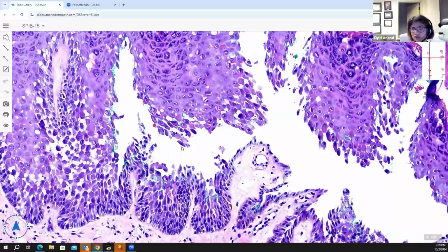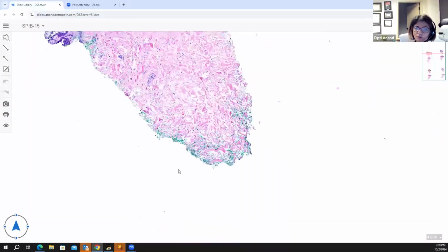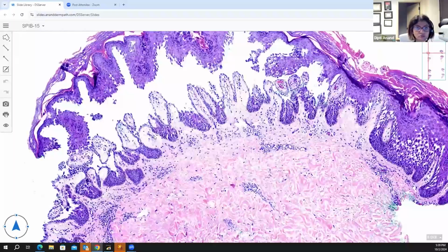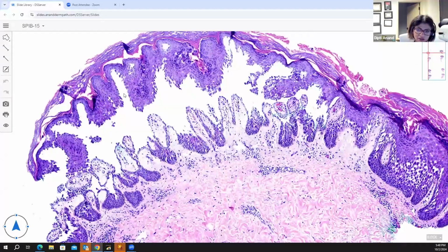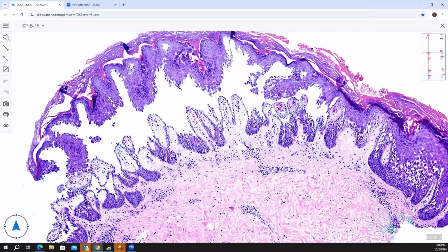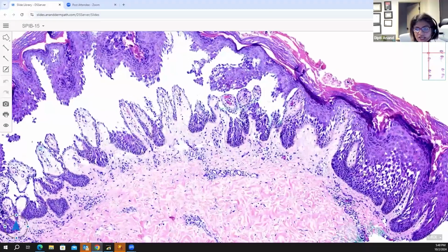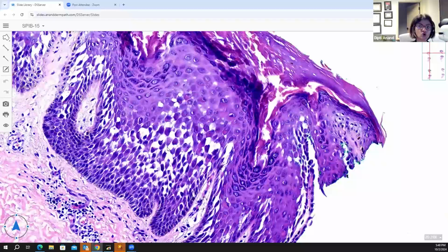So in this particular slide, you see how predominant this pattern is. The pemphigus pattern points towards a Hailey-Hailey disease process, because you see the nice suprabasal splitting. And then this is never going to be the predominant feature in Hailey-Hailey disease. This feature is something you will have to look for.